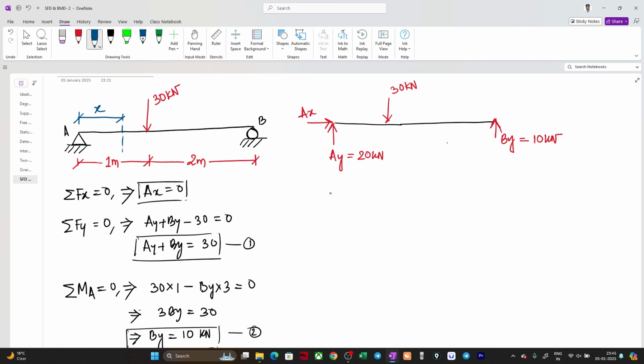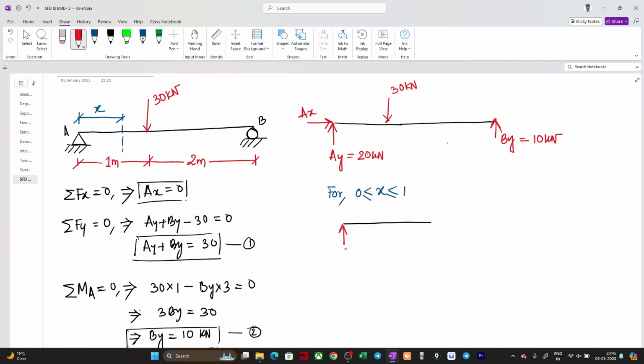So for x greater than or equal to 0 and less than or equal to 1, the value of x will be from 0 to 1. If we draw the free body diagram, how will it be? This is the beam, and this length is x.